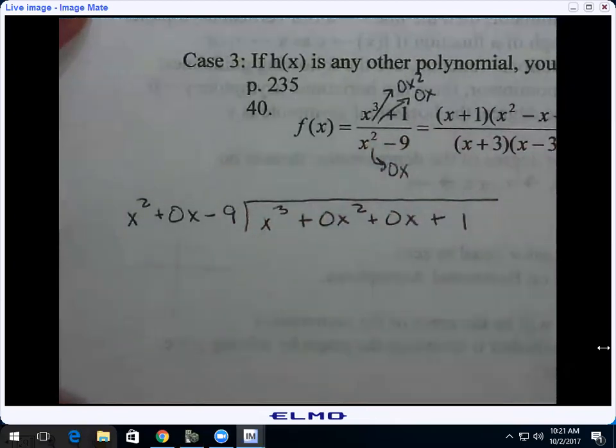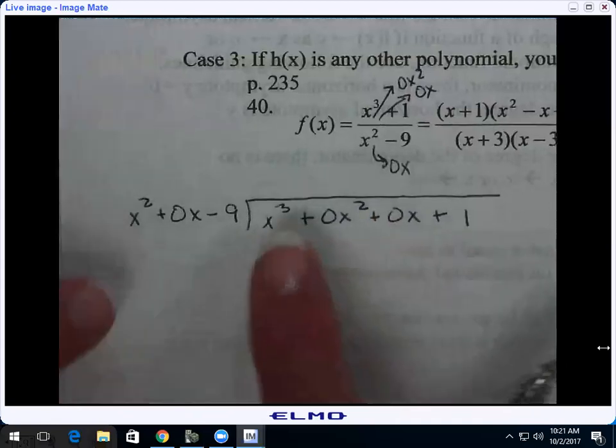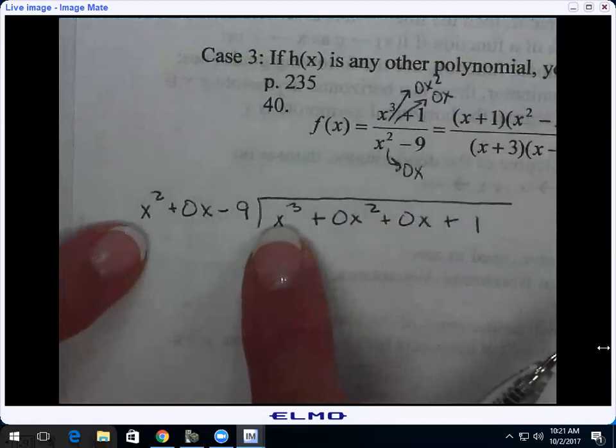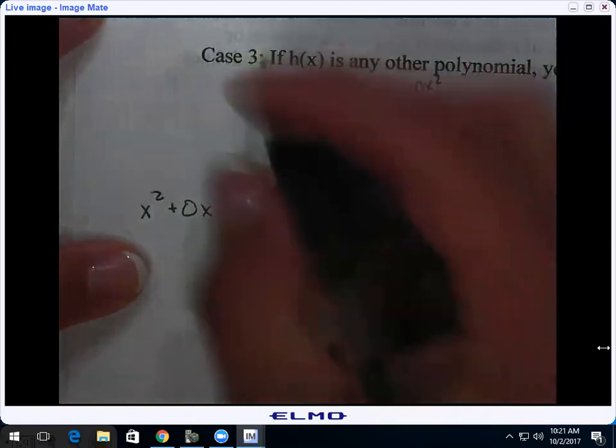All right, in basic math, when I'm dividing 1,000 something by 100 something, first I just pay attention to the first digits. I say, how many times will this go into this? Or what do you multiply times x squared to get x cubed? Just x.